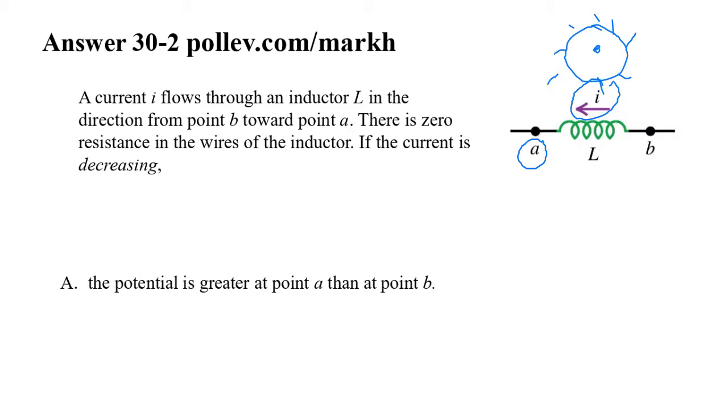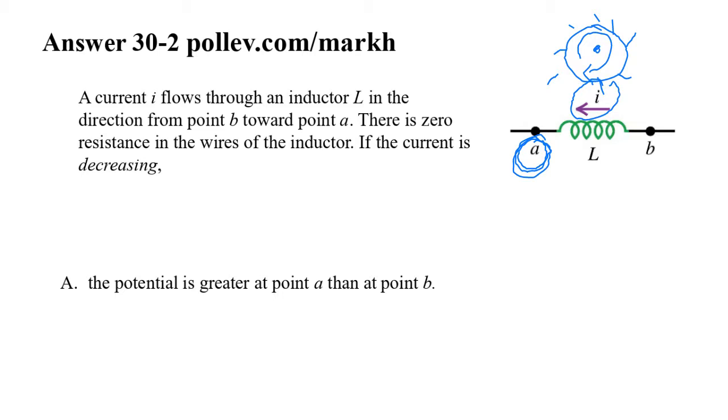So if this gets wound up by the current, it's pushing water in the direction that the current has got it started going, and then if this current then decreases, this water wheel is going to keep spinning and build up a pressure here, pump water itself from its inertia and build up a pressure on this side, so it'll have a higher potential on A. So whichever way you want to try and imagine that.